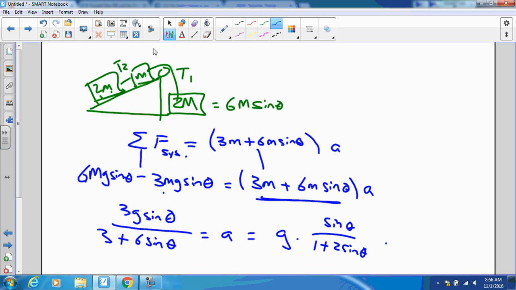Sum of forces here, total mass of the system here. In this case, the 2M and M are pulling this way, and that's reflected in this term right here, in the sum of forces. Here, we're just adding up all the masses of our system.